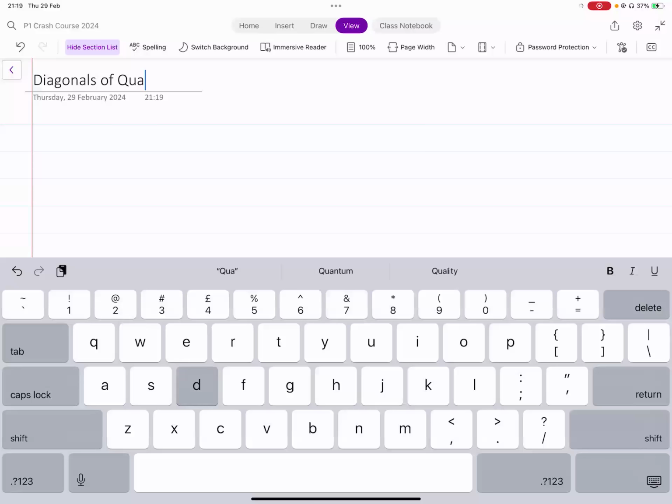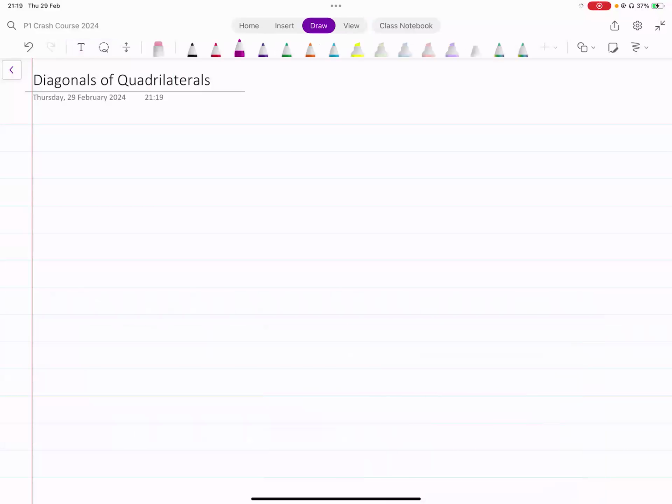So what are quadrilaterals? First of all, quadrilaterals are four-sided figures. Any four-sided figure is called a quadrilateral. So basically a square is a quadrilateral, rectangle, parallelogram, trapezium, kite. All of these are examples of quadrilaterals. Four-sided figures, four vertices, four sides.